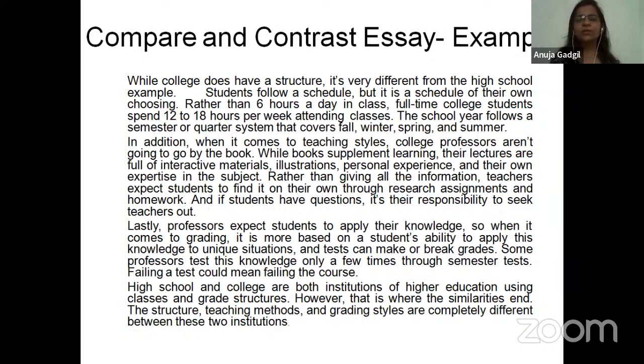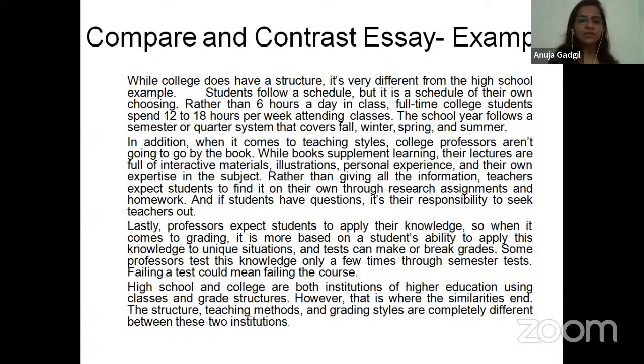While books supplement learning, their lectures are full of interactive materials, illustrations, personal experience, and their own expertise in the subject. Rather than giving all the information, teachers expect students to find it on their own through research assignments and homework. And if students have questions, it's their responsibility to seek teachers out.